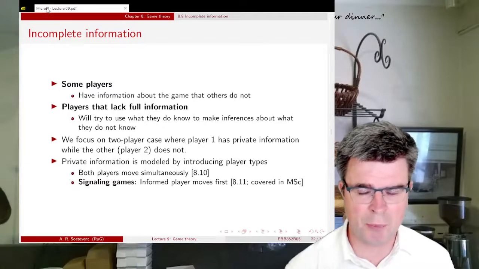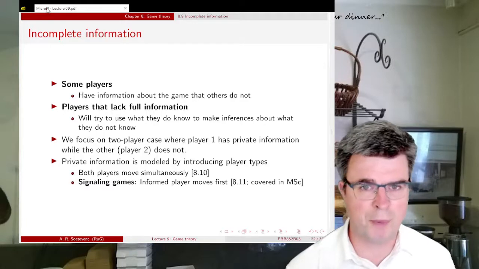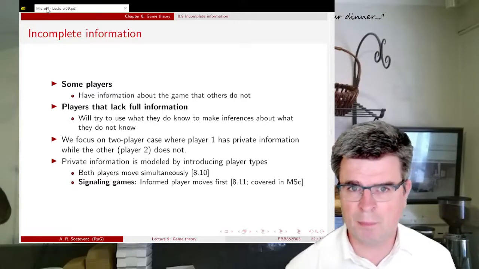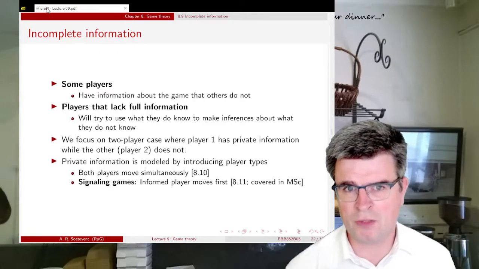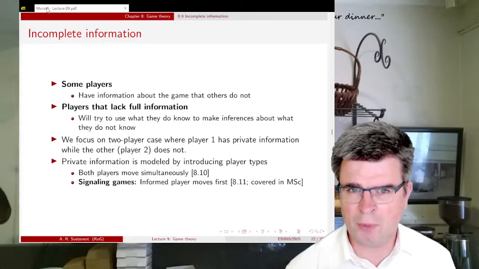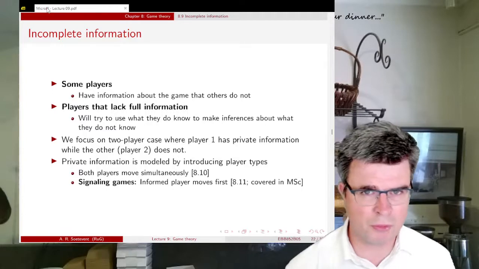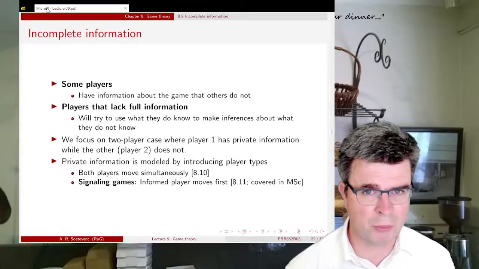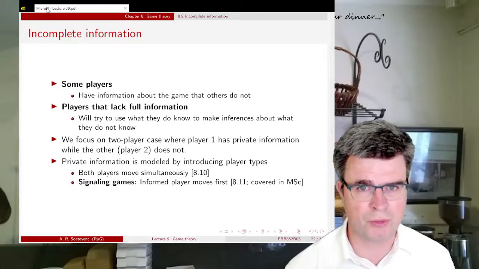In section 8.10, and that's the part that we are going to discuss in this course, both players move simultaneously, but one of them has private information. And then section 8.11 of the book deals with so-called signaling games, where the player which has more information moves first.